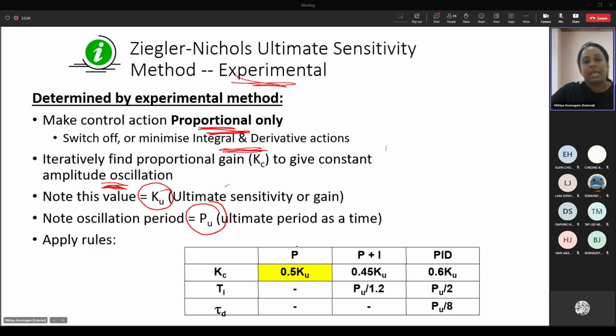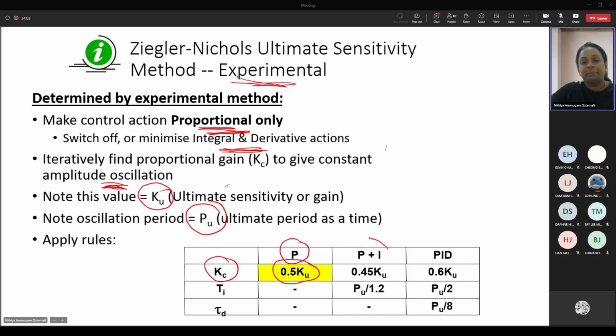Now, when you apply the Ziegler-Nichols experimental method, the response will be expressed for controller gain. For the proportional controller only, it will be 0.5 KU. So this is the rule of thumb, the basic rule that we need to follow.